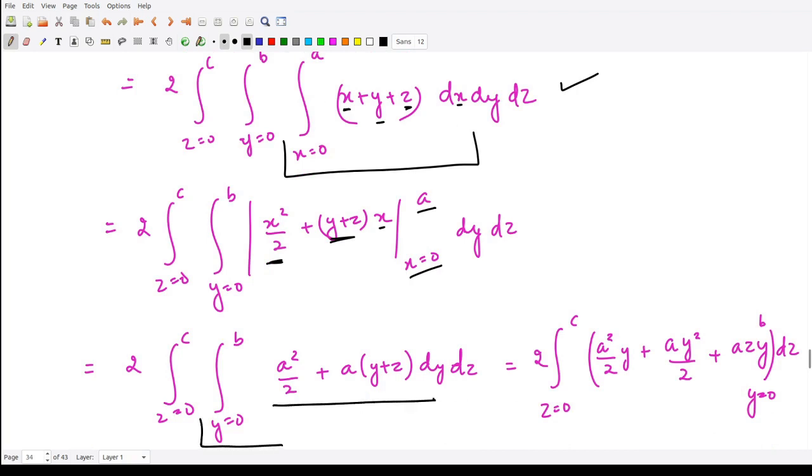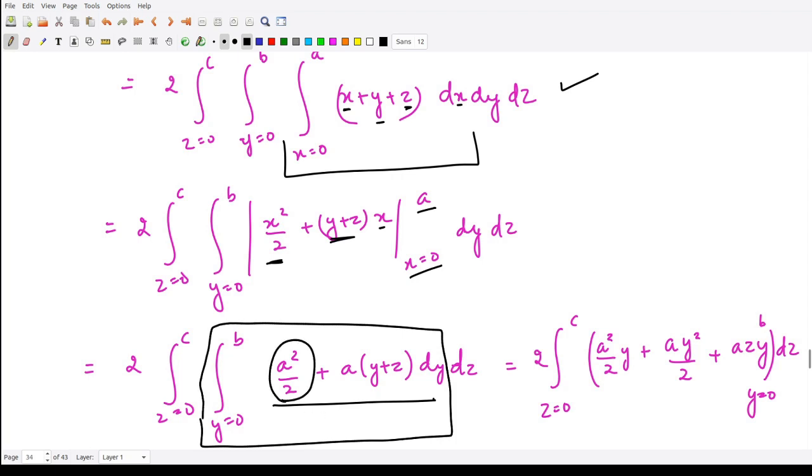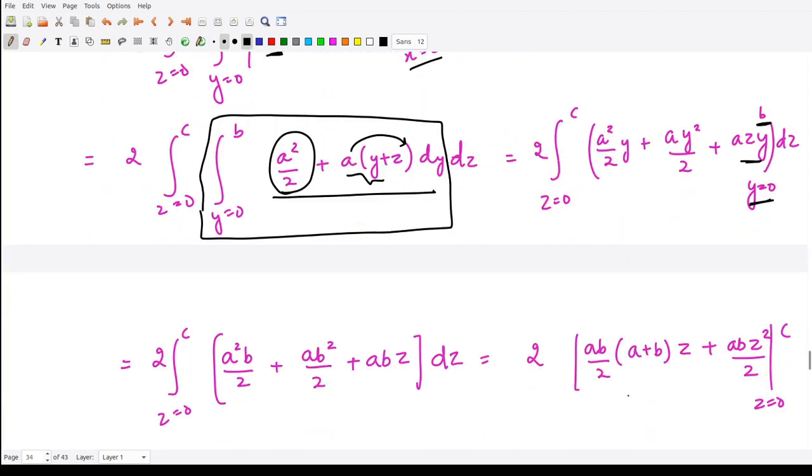So now we will solve this integral for y. So we'll calculate this much portion. So here, because there is no term y, we have a square by 2 y plus a y square by 2, and a z y, right? And the limits of y vary from 0 to b. So once you substitute the limits, you have this quantity, and now you have to perform the integration with respect to z.